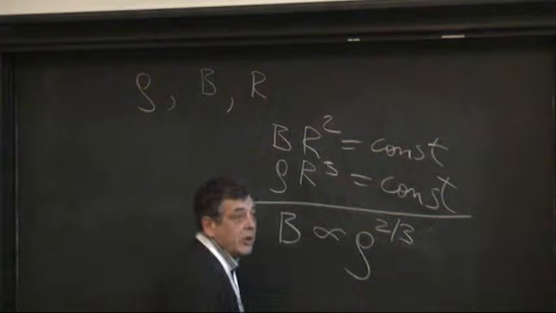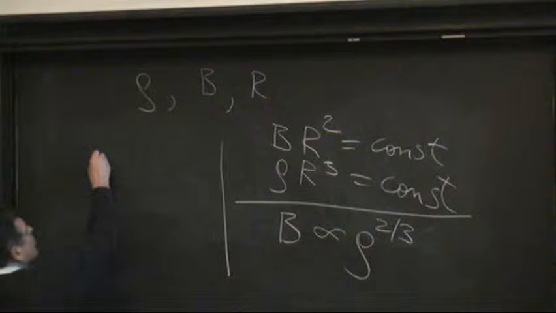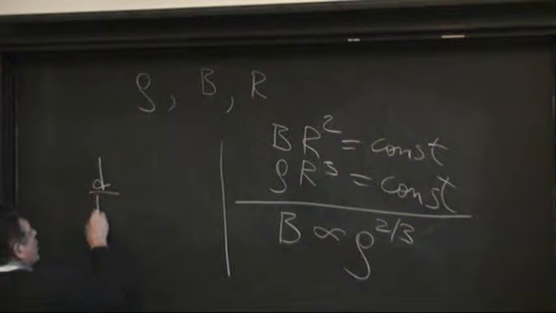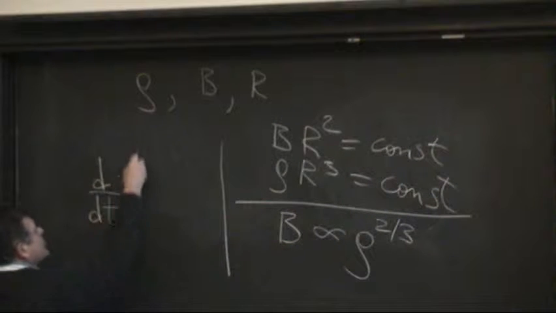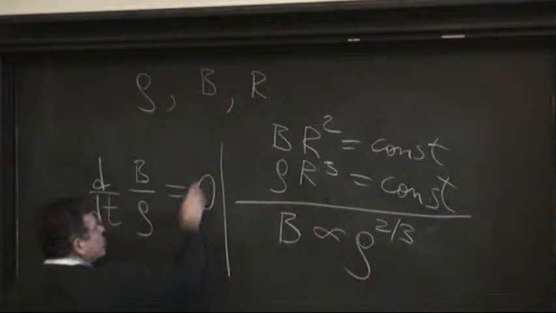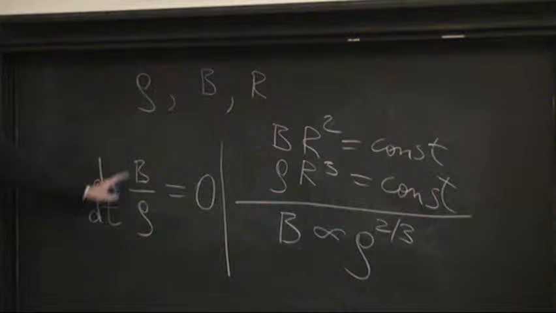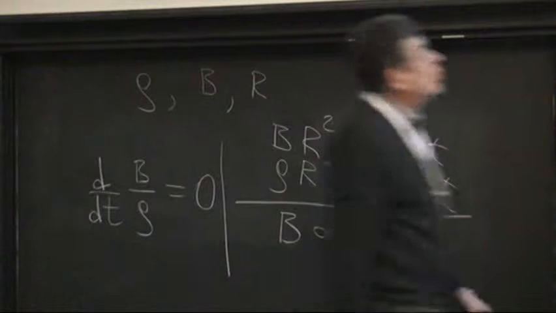Or, another way to say it, I think Kandor was writing this equation, a way to write out Alfvén's theorem is to say that d/dt of (B over rho) is zero. So B and rho are connected to each other. This is what it means, a frozen-in magnetic field.